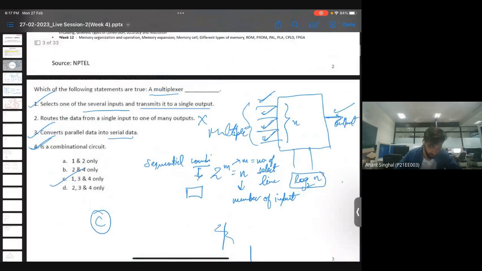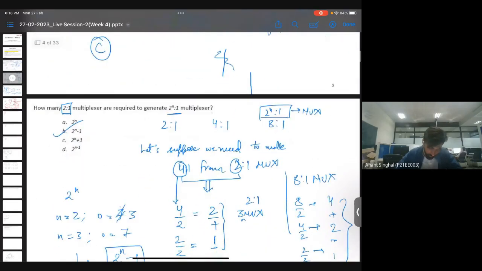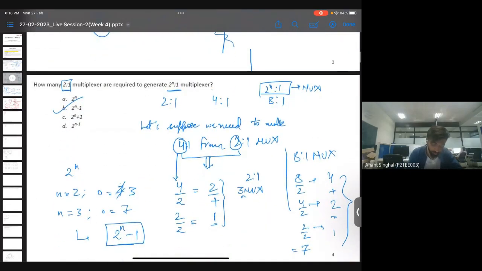I'll try to explain again what we have covered till now. A multiplexer, we have seen, is nothing but a parallel to serial data converter, and it has multiple inputs and a single output. Using this concept, we have also covered how we can make a multiplexer which has a larger number of inputs using multiplexers which have a lesser number of inputs.